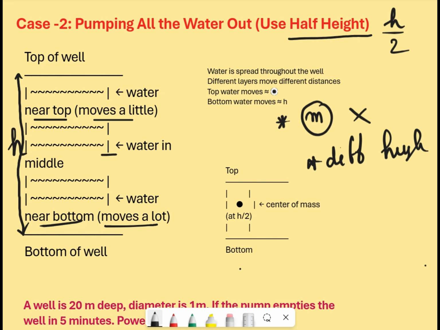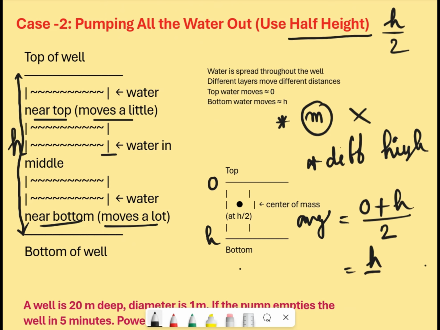So different height may be asked in a question, or maybe different distance, and in that case we have to use the average height. So the distance here is 0 meter and here is h meter, so average height is initial height plus the final height, divided by 2, so it will be h by 2. Let's have a question here.